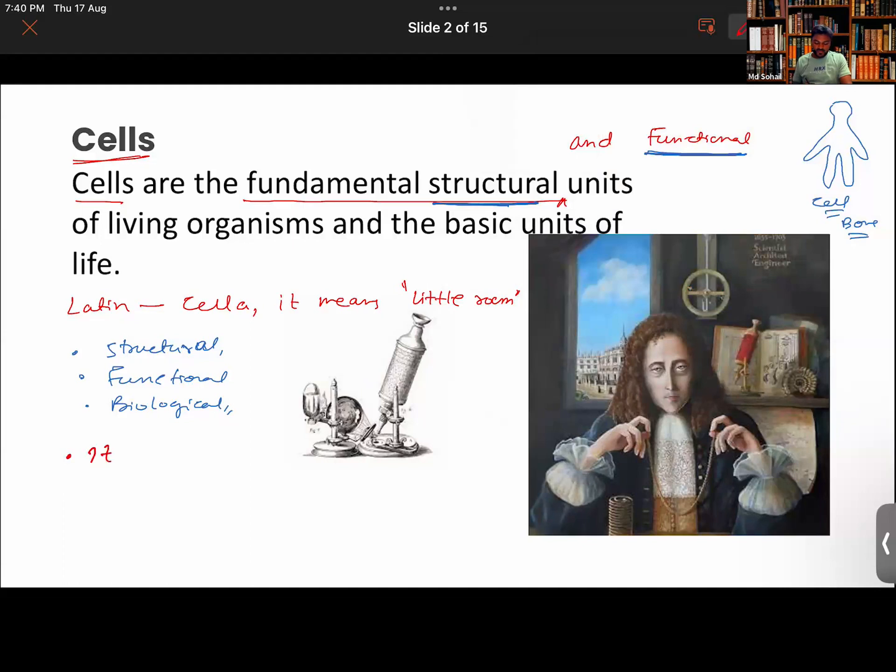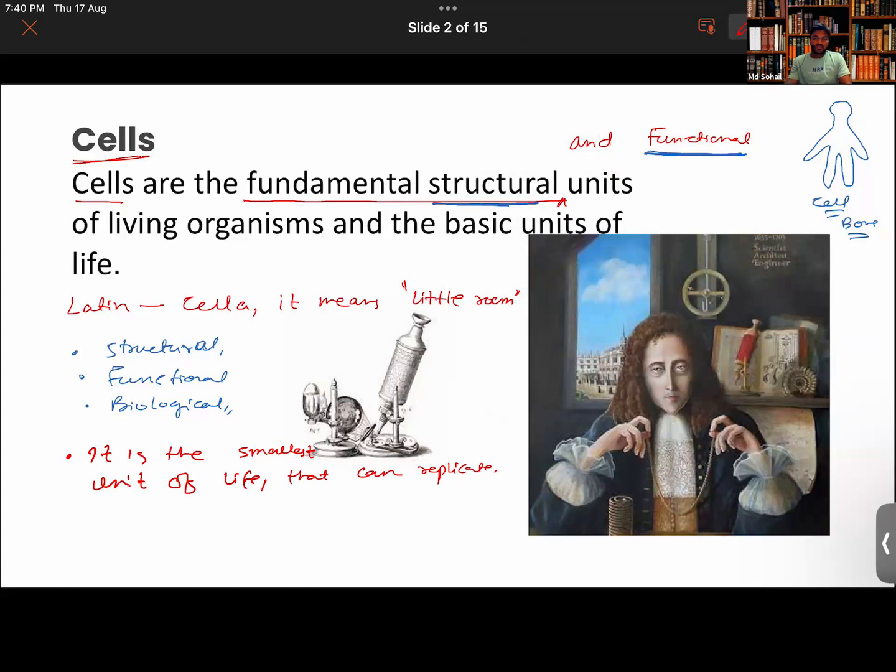It is the smallest unit of life that can replicate itself. Getting it? Okay. And cells are often called what?